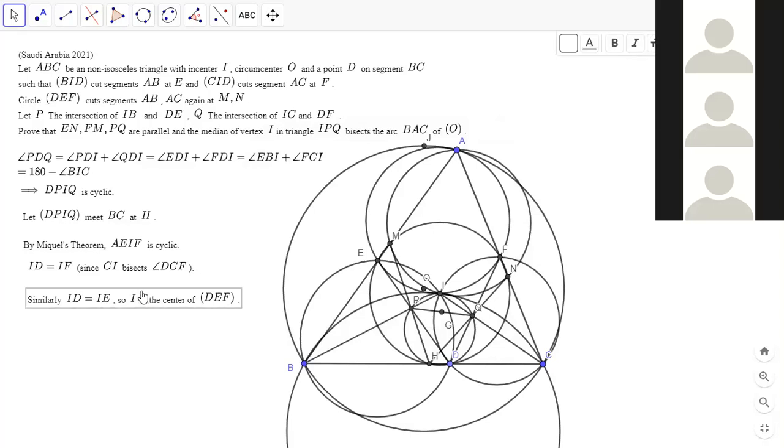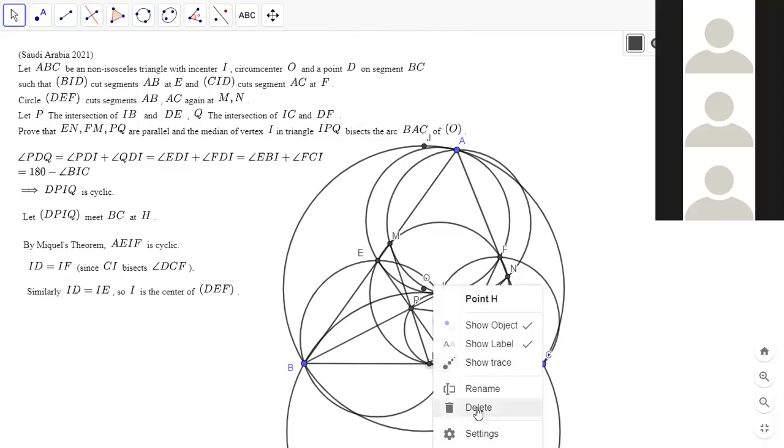Okay, so that would help prove EN is parallel to FM. But for the PQ part I have an angle chase. So basically DPQ is equal to DIQ, which is DIC, that is equal to DFC, and that is equal to DFN. Did you follow? Yeah, yeah. That's a nice one.